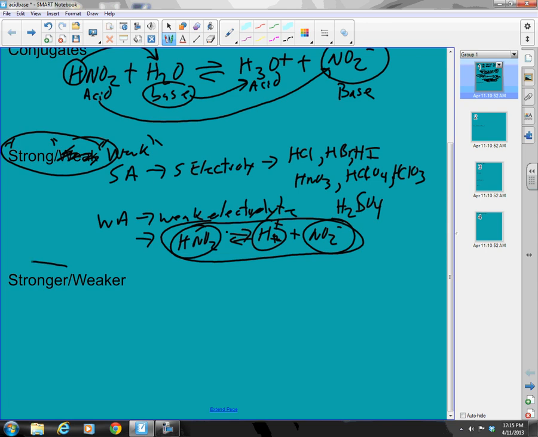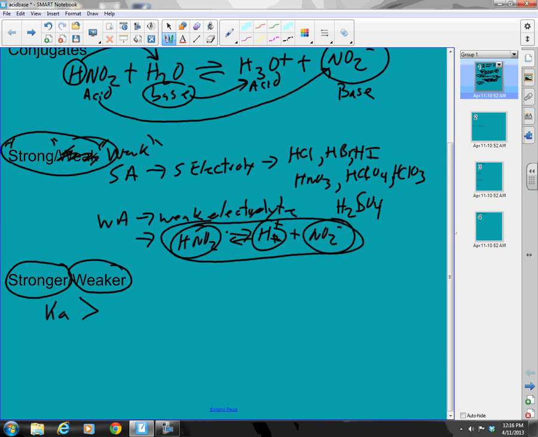Now, comparing that to stronger and weaker, well, stronger and weaker depends on the K. If we're talking about Ka, the larger the K, if something has a larger Ka, so we'll say that this is Ka for, how about acetic acid?